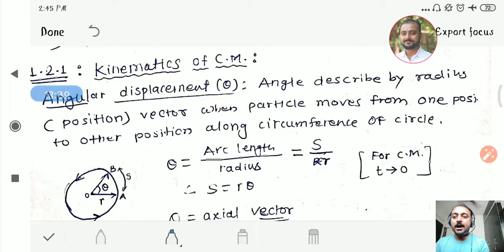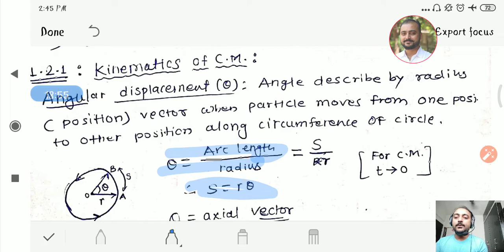So simple, arc divided by radius, and that should give us the formula s = r θ. Then this gives us the magnitude of linear displacement.